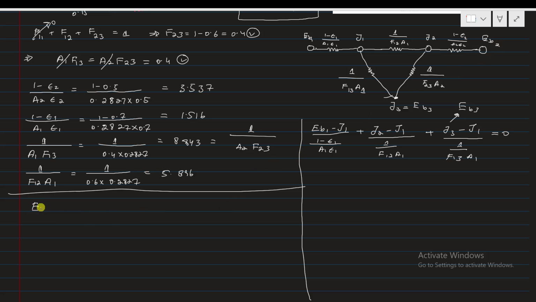So EB1 will be equal to sigma T1 to the power 4, where sigma is 5.67 multiplied by 10 to the power minus 8, multiplied by T1, that is 813, to the power 4, and you will get its value, that is 24,767.